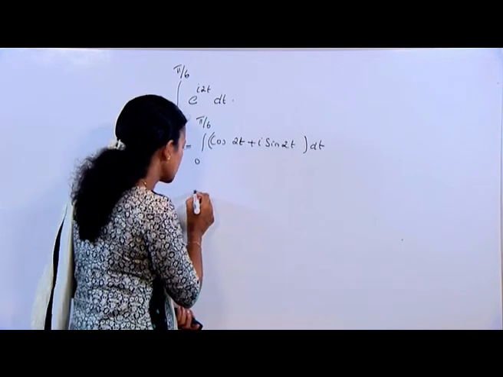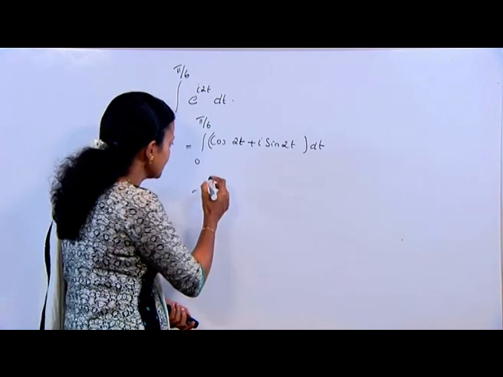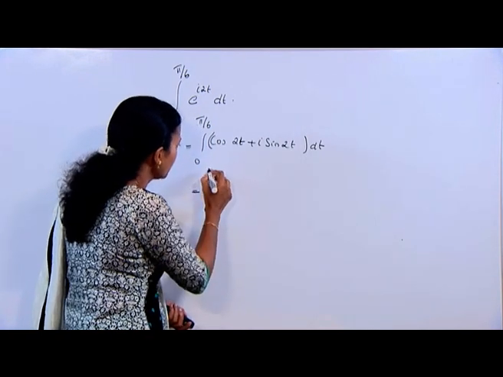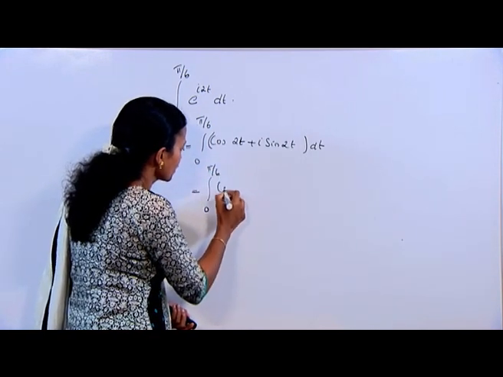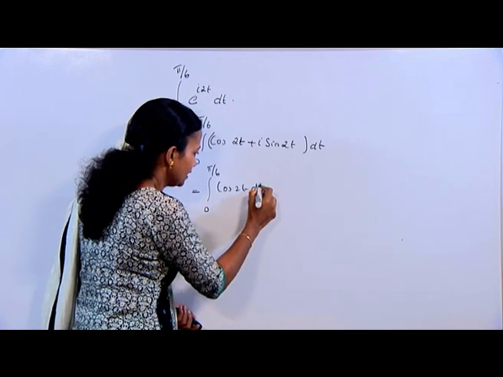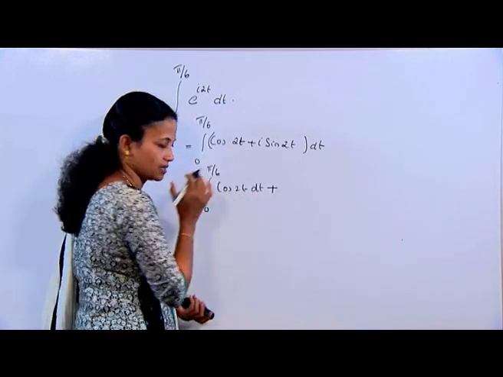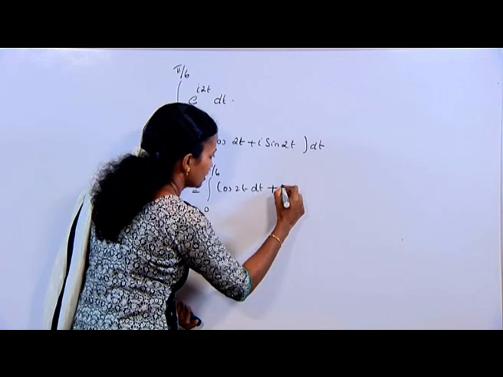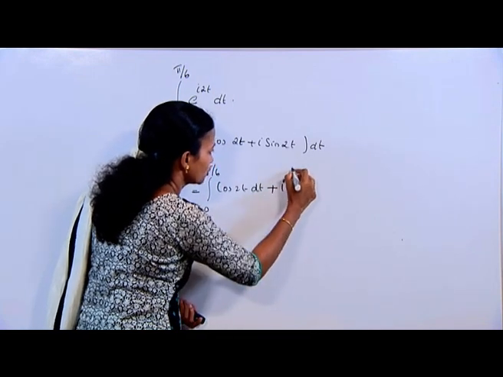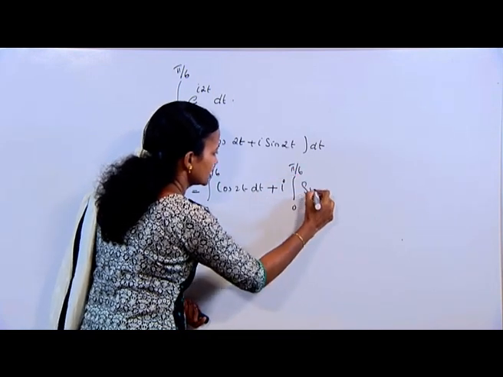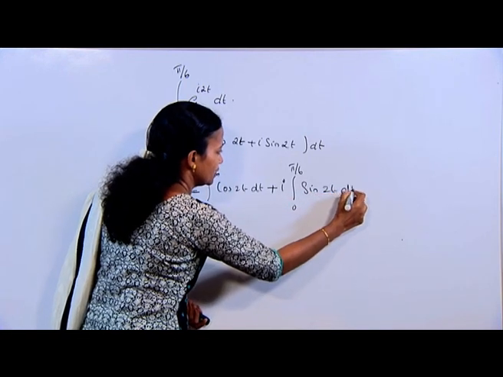Which is equal to, I can split this, that is the integral from 0 to pi by 6 of cos 2t dt, that is our first term, plus the second term, that is i into the integral from 0 to pi by 6 of sin 2t dt.